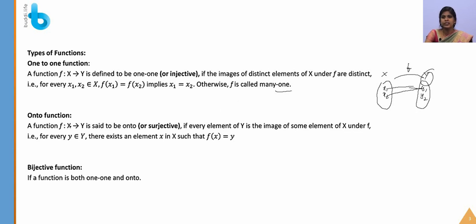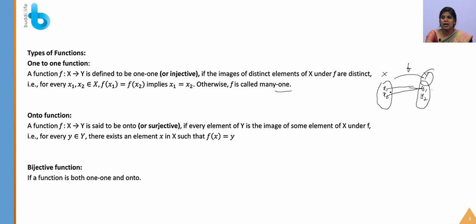Then onto function. A function f from X to Y is said to be onto if every element of Y is the image of some element of X under f. That is, every element of Y, like y1, y2, y3, should have a pre-image in the domain.